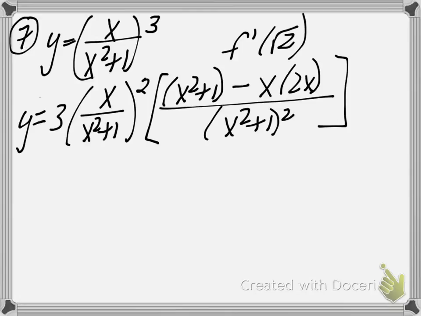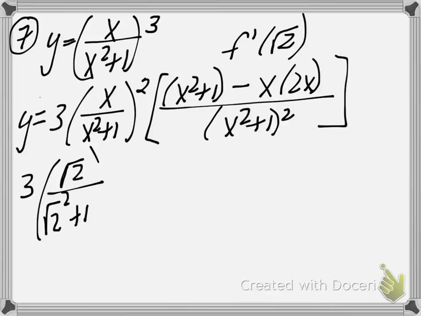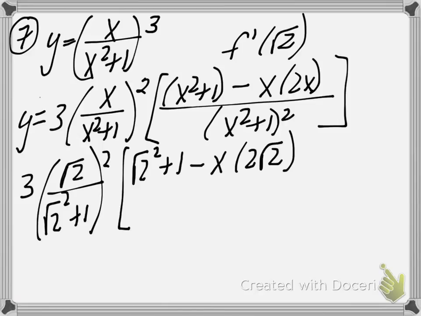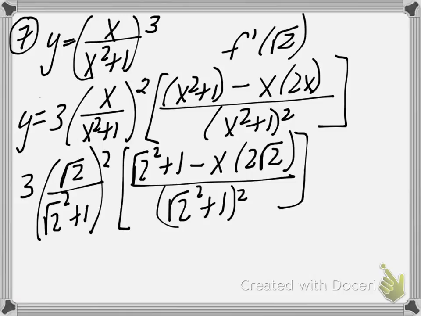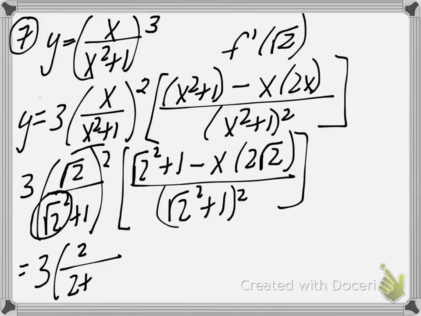Okay, and now I'm going to put in a radical 2 wherever there's an x. Okay. All right, radical 2 squared just gives you the inside, which is a 2. And then on the bottom, this radical 2 squared gives me a 2 plus 1.